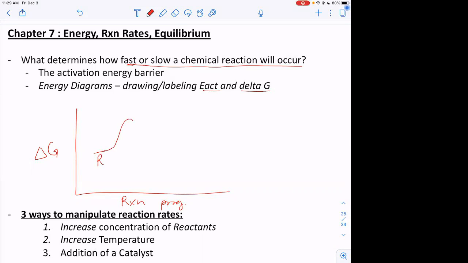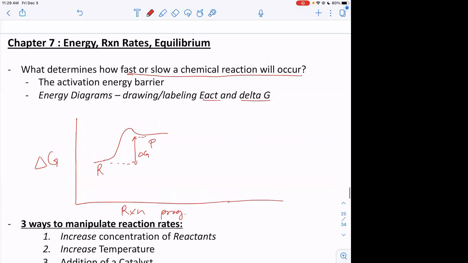Now from here, the energy diagram can look vastly different. You could have an endergonic reaction where the products are less stable than the reactants, and this is a positive delta G. The difference between the reactant level and the product level, that's your delta G. You could also have another one, something like this, where the products are lower in energy than the reactants.